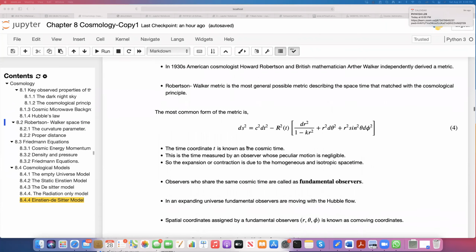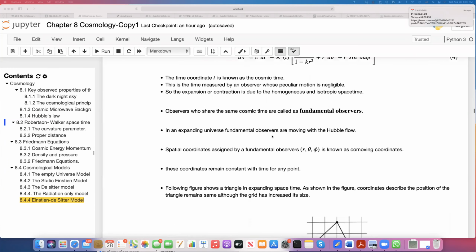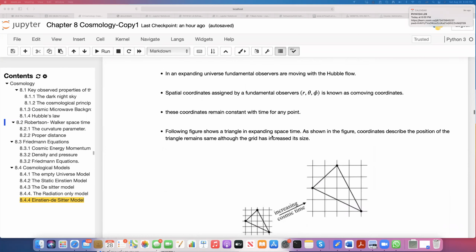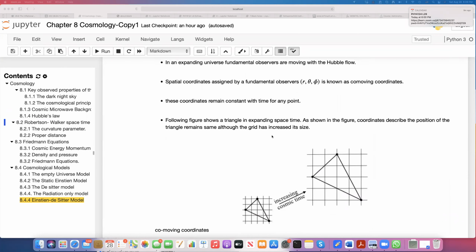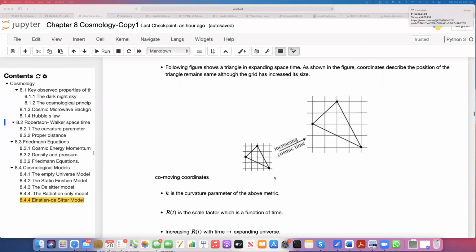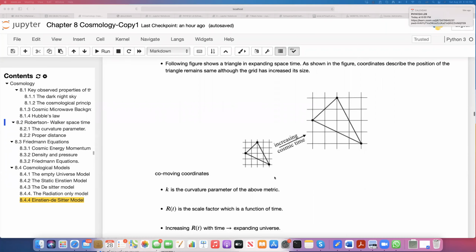And then we discussed some of the terms in the metric and some of the properties. And then, when you have an expansion of space, what happens? We remember that I told you that it's basically the expansion of the grid itself. However, the coordinates will remain the same, right? And these are called co-moving coordinates.